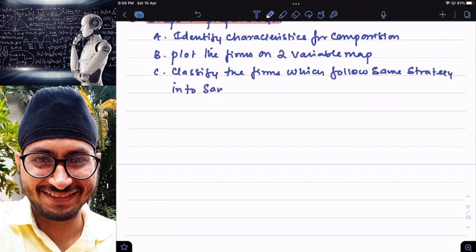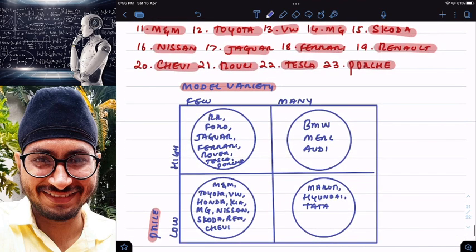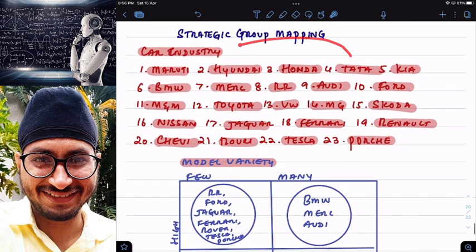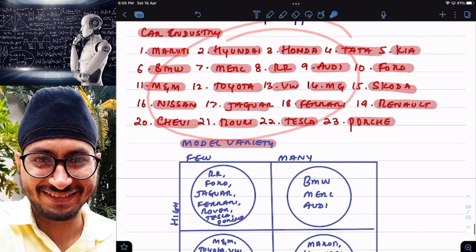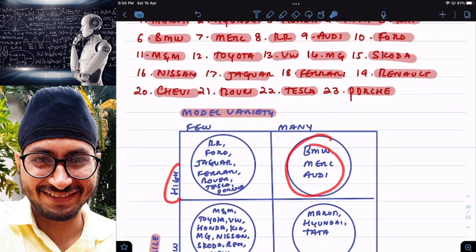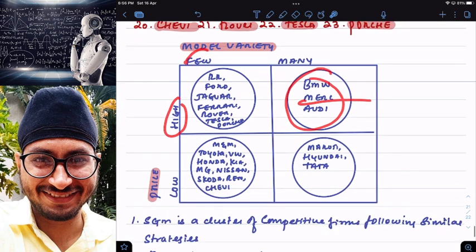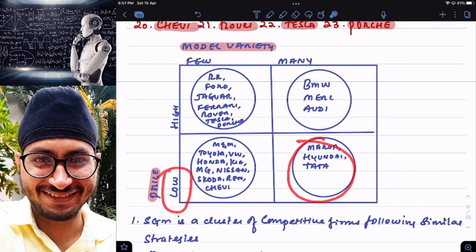Means out of all these companies, whichever company is following a strategy of few models with a high price, in first box we have taken. Whichever company is having many models with a high price, second box. Company having few models with less price, third box. Company having many models and a less price, we have taken in fourth box.